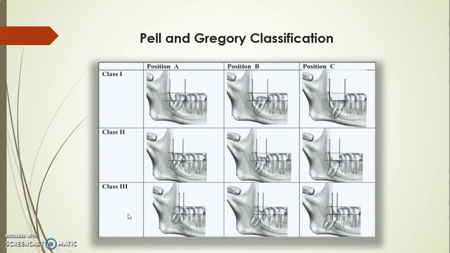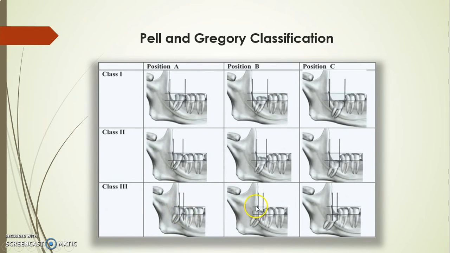Let's take class 3 for example. Right? Class 3 in Pell and Gregory, what does that mean? It means the crown of the third molar is completely embedded or trapped by the ramus of the mandible. Here we can see this is the anterior border of the ramus of the mandible. Again, it's not showing us exactly the classification, but more than 2/3 of the tooth is impacted behind the anterior border of the ramus of the mandible.